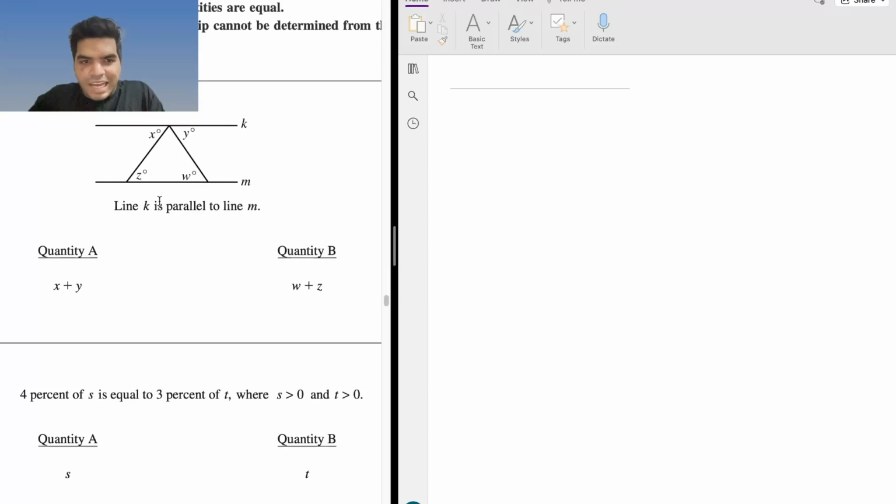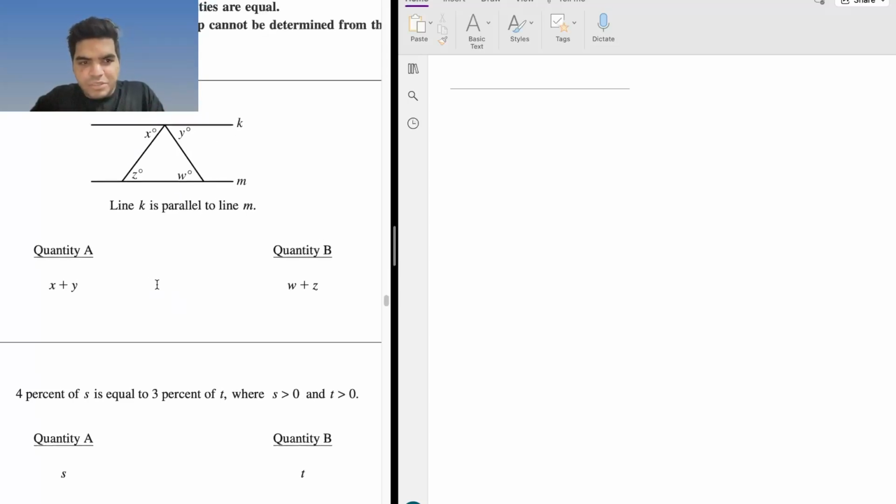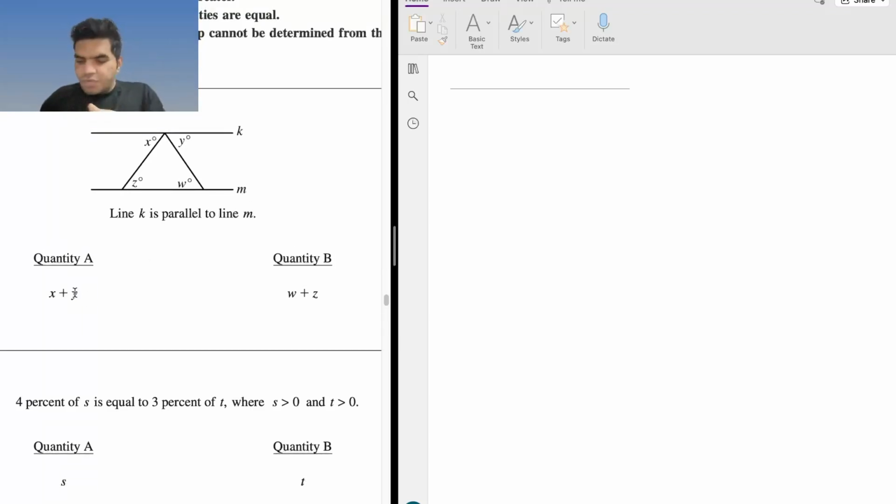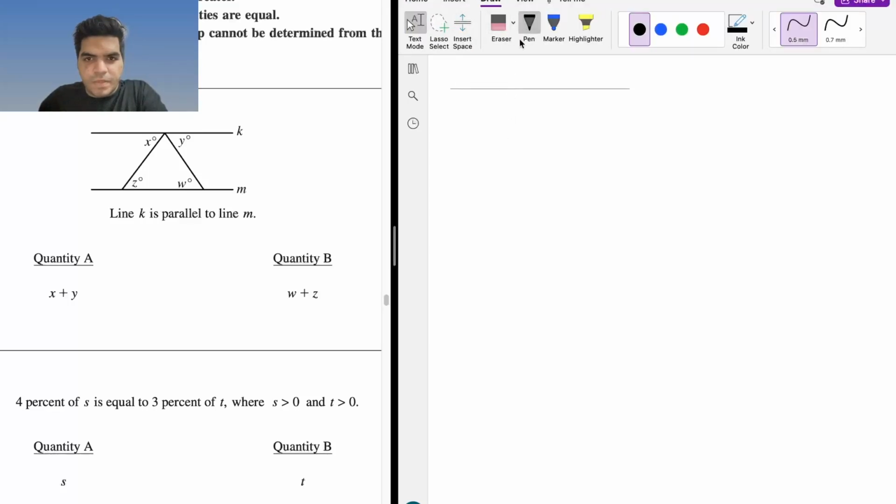We are given that line M and K are parallel. So we have to tell which of the following quantities is greater. Since we are already aware that, let's say this particular angle, for example, this is the triangle here, or I'll use a broader one.